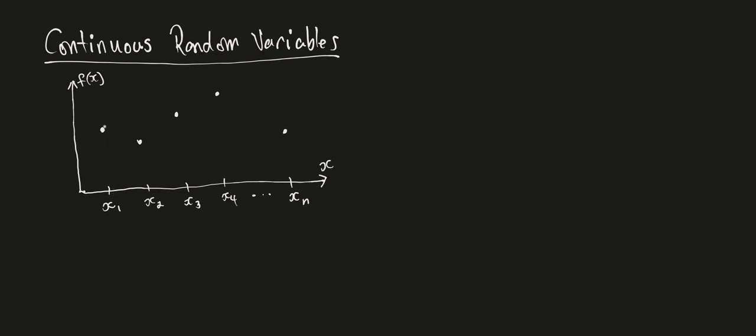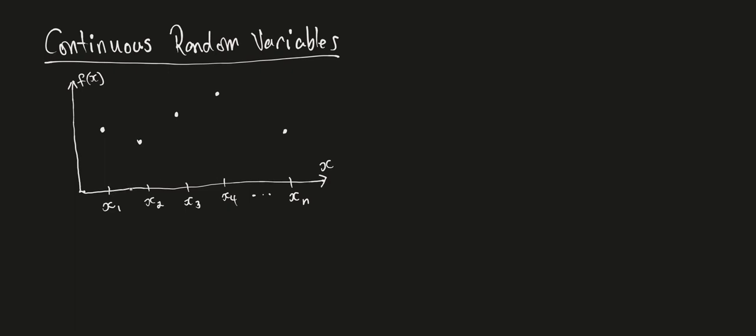Now remember, with a continuous random variable, we're saying that all possible values of x in an interval are part of the sample space. So it's not just the isolated discrete x values anymore; now every value of x in the interval is a possibility.